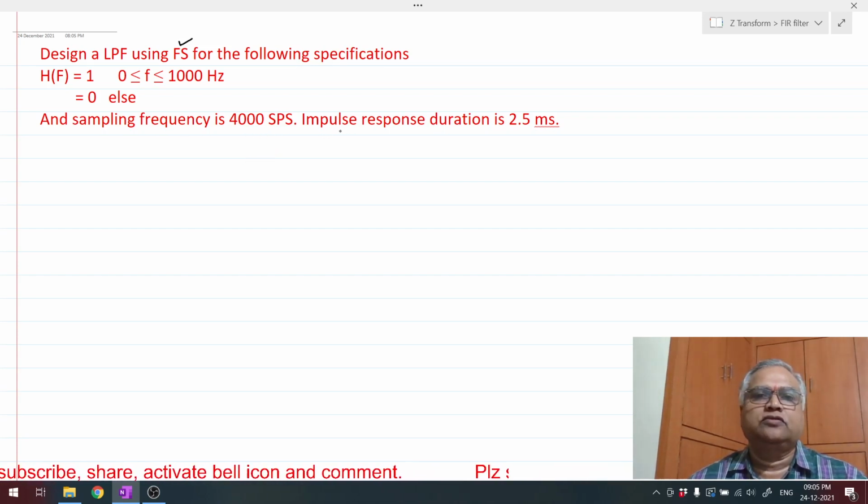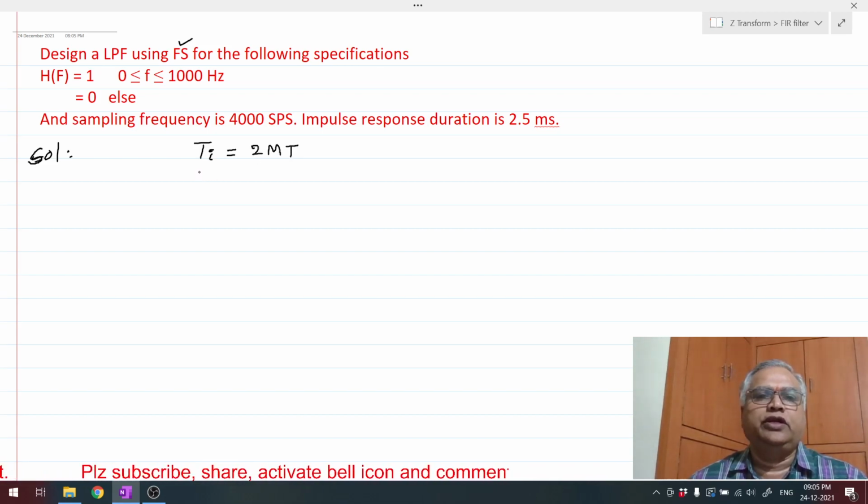Now since the impulse response duration is given, the solution is: Pi is equal to 2mT. Pi is this impulse response duration.